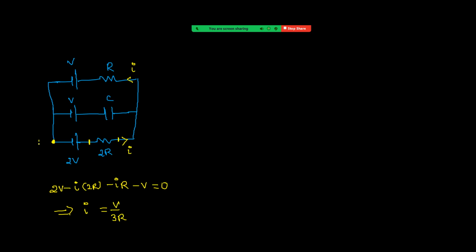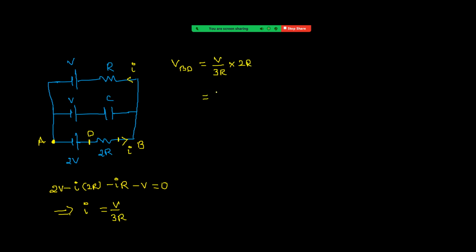Let us take this as A and this as B, and this as D. Across BD, the potential difference is equal to current V by 3R times resistance 2R.